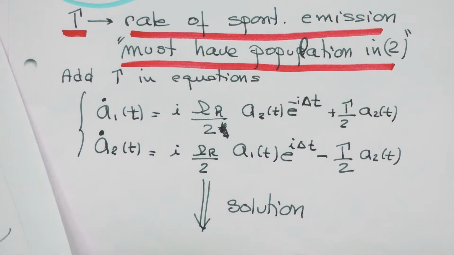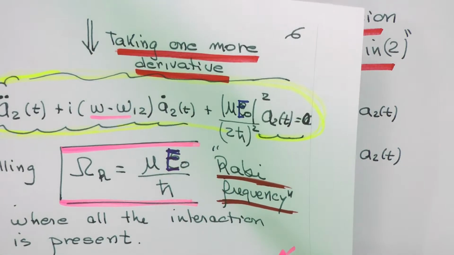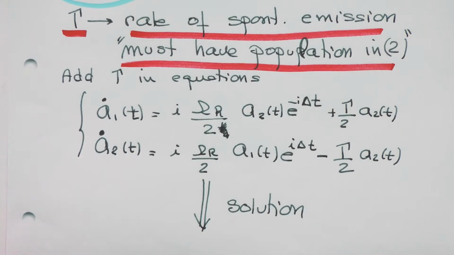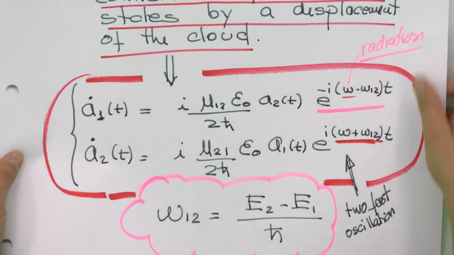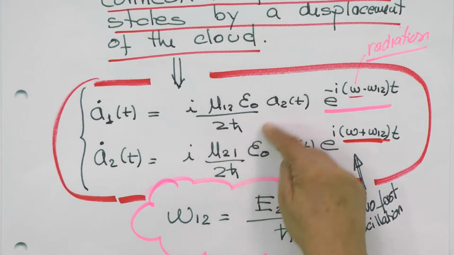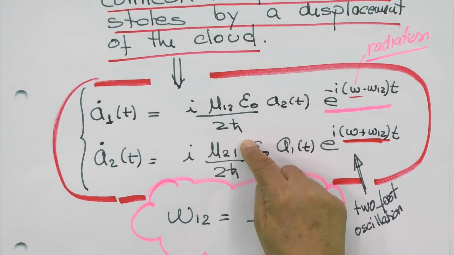The time variation of the 1 and 2 coefficients. Let me get it. I had the equation before. Here it is. This is the equation we had. Sorry about that. Remember, this is the Rabi frequency.